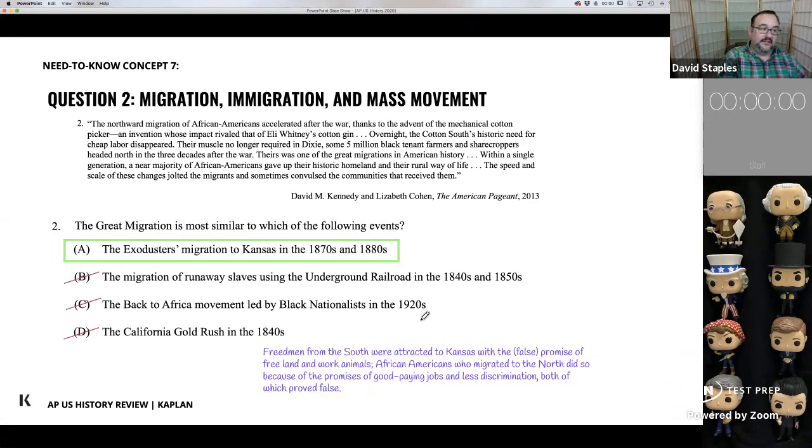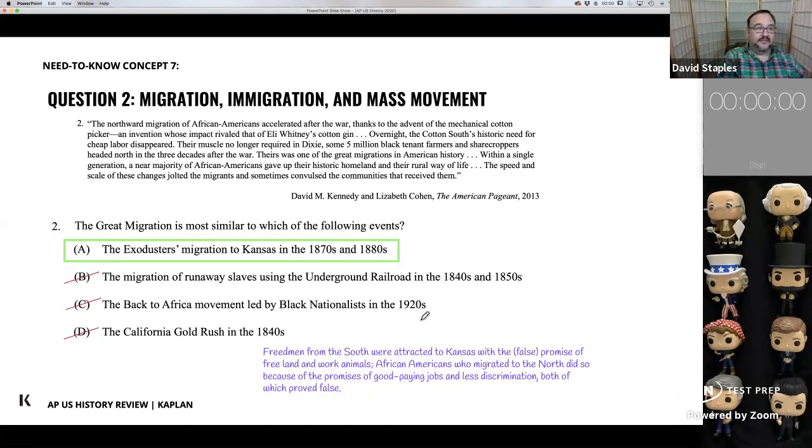And people heading to the north thought that they were going to get good paying jobs and less discrimination, which they did not. They got jobs, but not all of them were good paying. And the discrimination was still there. And like somebody mentioned in the chat on the last question, wasn't there still racial violence in the North?